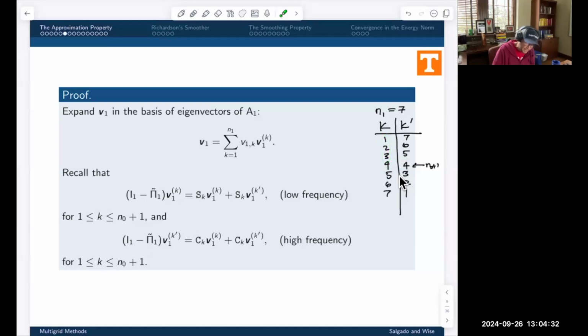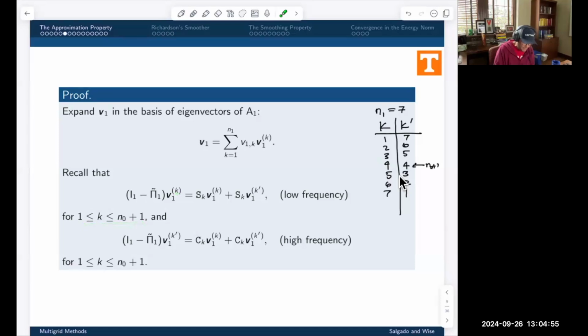So if I count k in the low frequency range, and I bump up and grab this n0 plus 1, then the vectors that I get for k prime are going to be the high frequency relatives. And of course, there's something weird going on here with 4 because it's kind of both high frequency and low frequency. So that's how I'm doing the counting here.